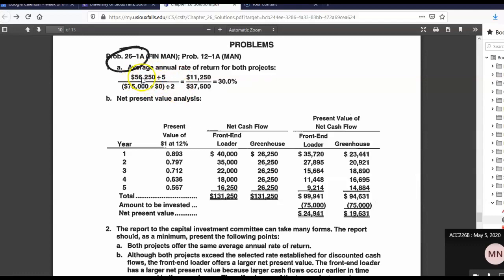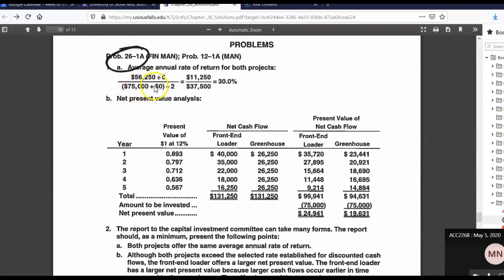So right up here is the total income for the project. It was for 5 years, so we divided by 5. Annually, the average is $11,250. The cost of the project for this is $75,000. At the end of its life, it was 0.